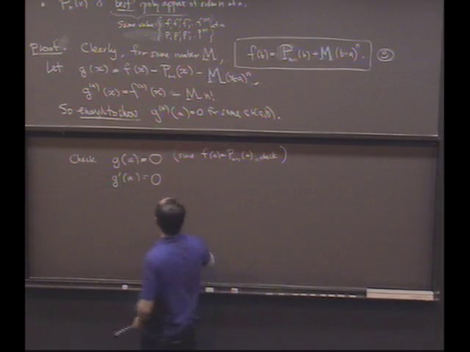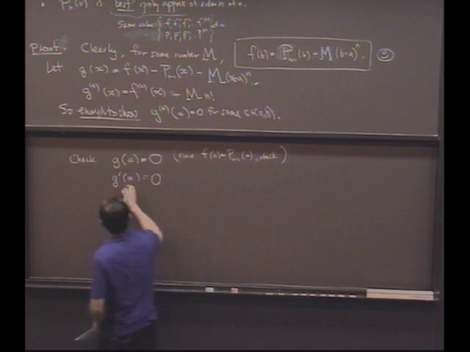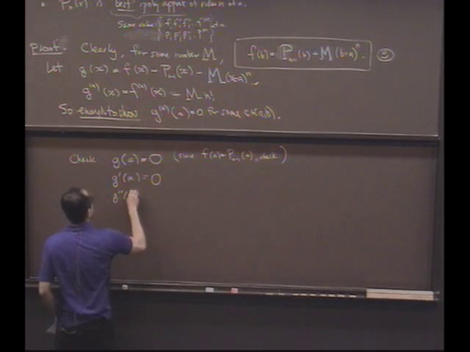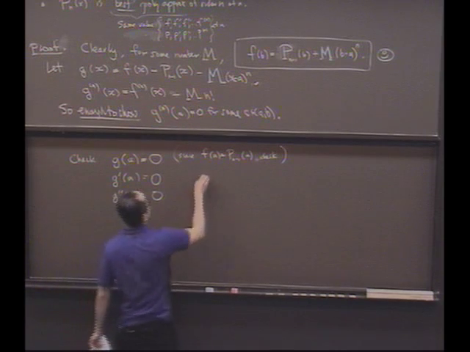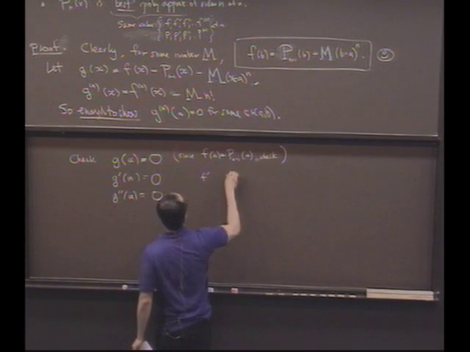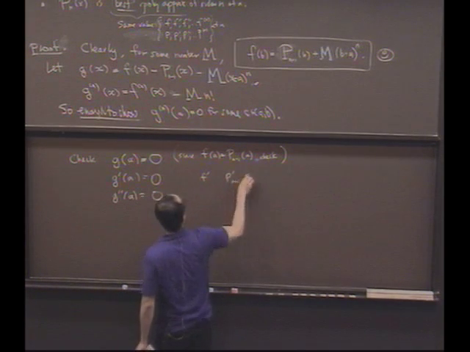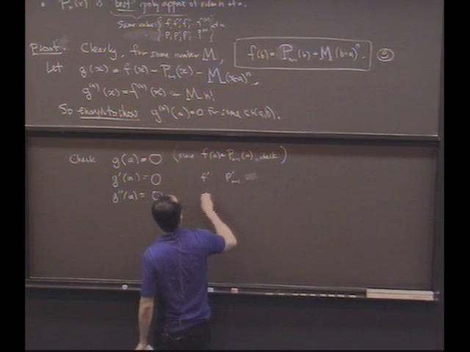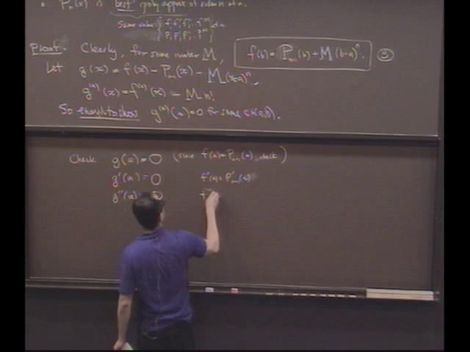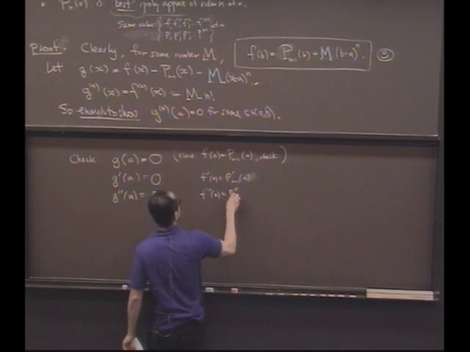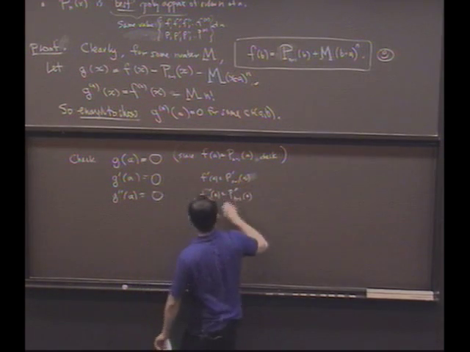That's basically what we see. So in fact, if I look at the second derivative, I'll also get 0. Why? Because f prime and p prime have the same value at a, and this one's true because f double prime at a is the same as p double prime at a, etc.